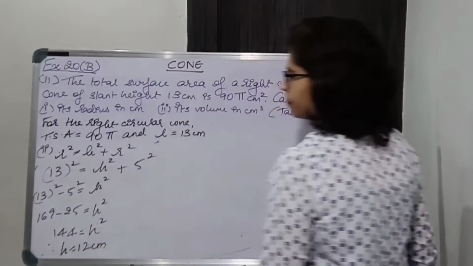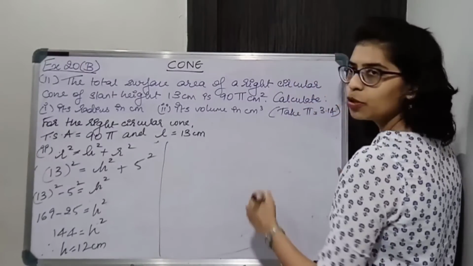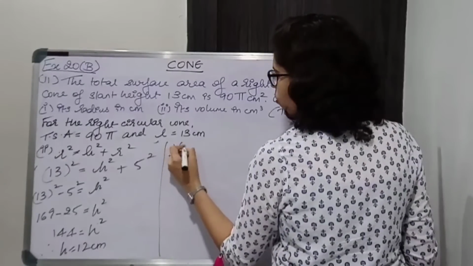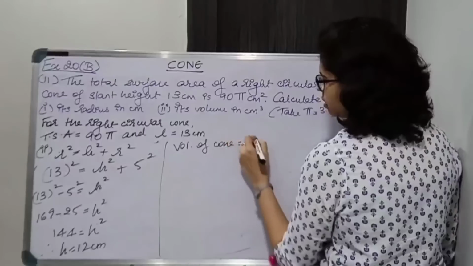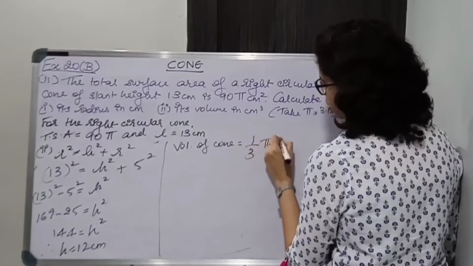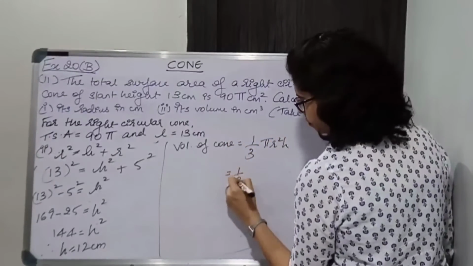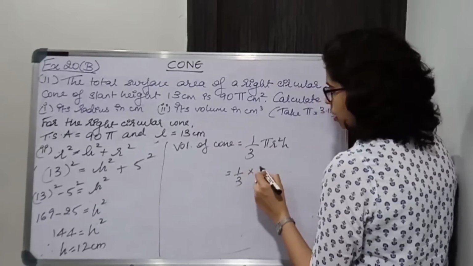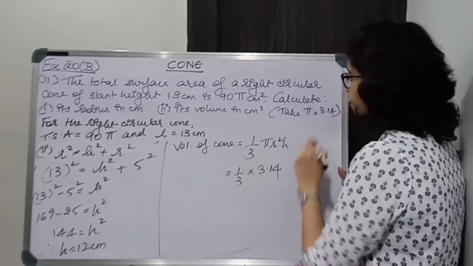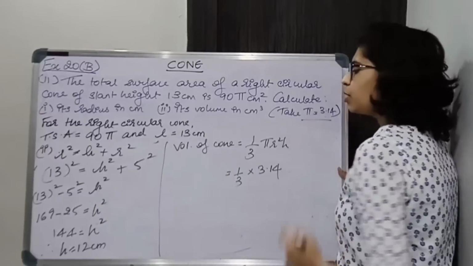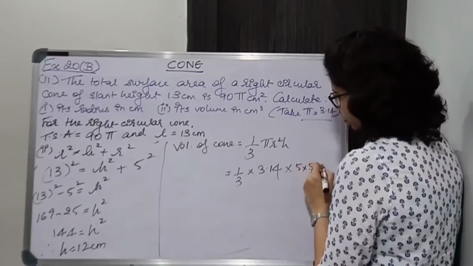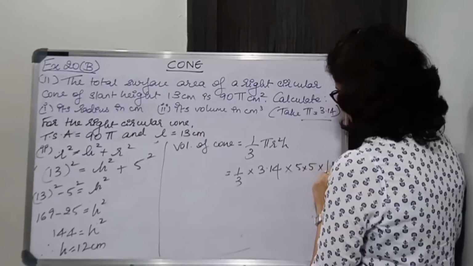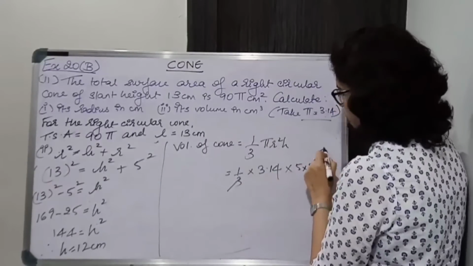So we got H. Now we can easily find the volume. So volume of the cone is 1 by 3 pi r square h. That is 1 by 3 into 3.14. Don't forget, pi is 3.14, into r is 5 and h we got 12. 3 4s are 12.